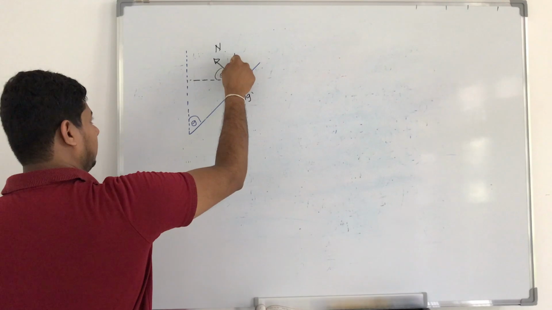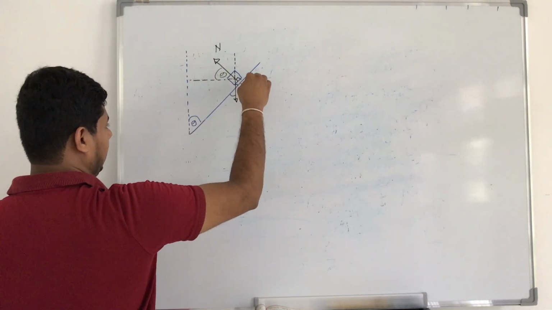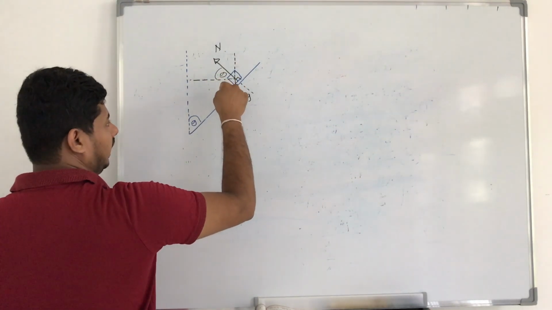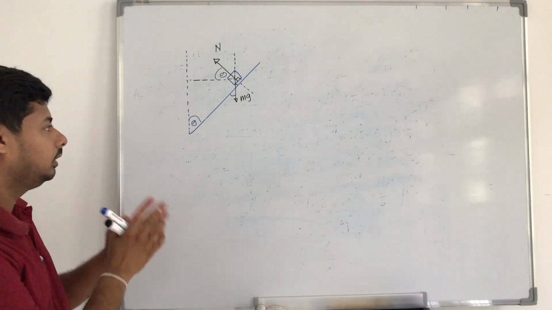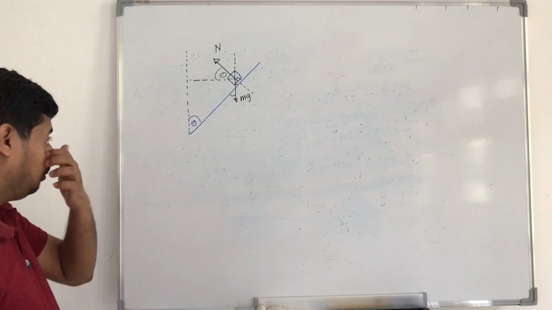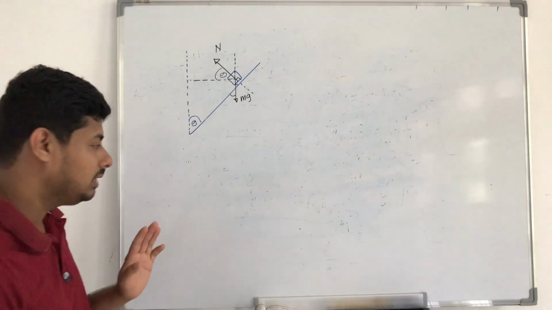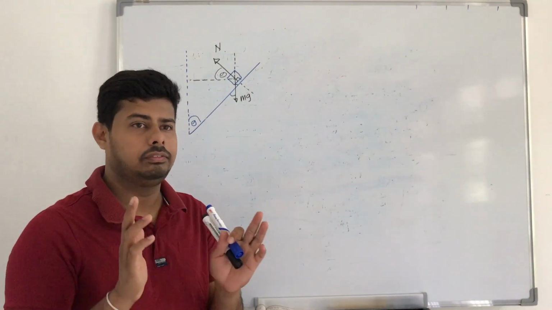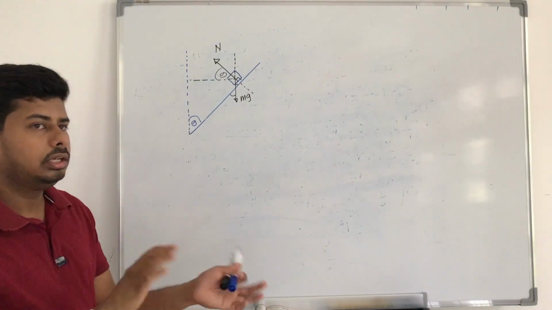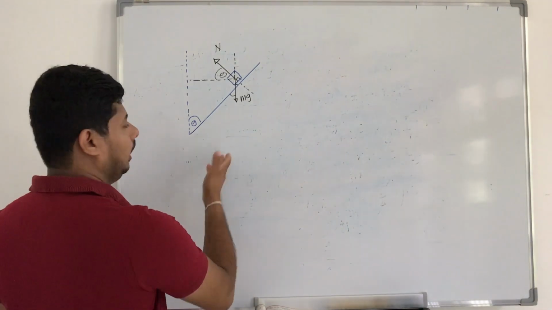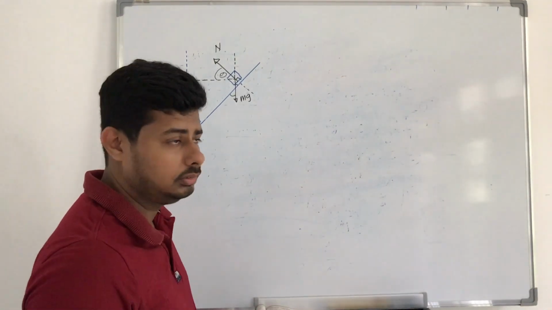Then this one is 90 minus theta. If you draw the horizontal line, this angle is 90, then this angle must be theta. So it is very important that you draw the diagram properly and mark the angles. If you miss any angle, then it will be a problem during the calculation. Your sine cos will be interchanged if you mark in a wrong manner, right?